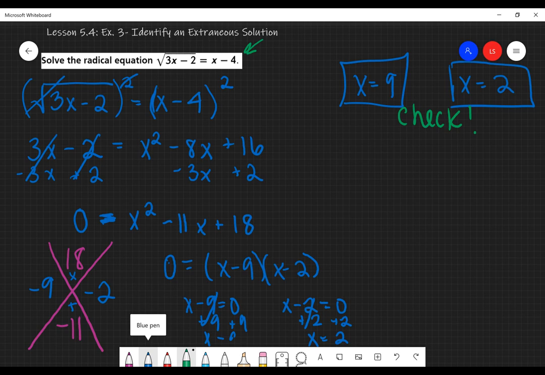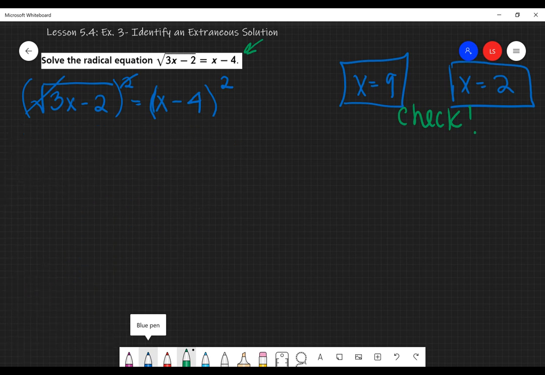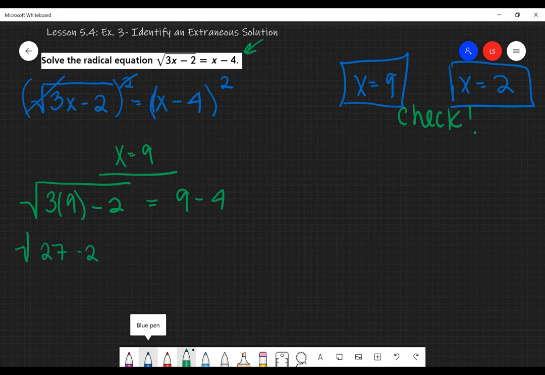So for our first check, we'll check x equals 9. We'll have the square root of 3 times 9 minus 2 equals 9 minus 4. 3 times 9 is 27 minus 2. 9 minus 4 on the right side is 5. 27 minus 2 is 25.